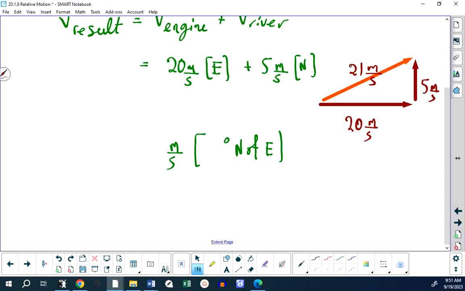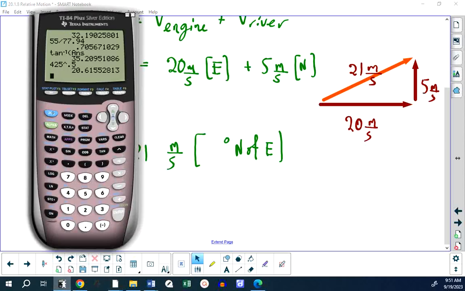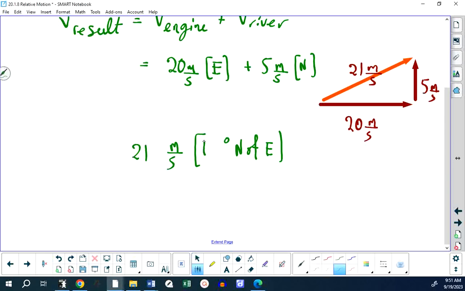I mean, it's almost 20, right? Because the angle is so shallow. So 21 meters per second. And for the angle, we're going to take the inverse tangent of 5 divided by 20, which is a quarter, and I get 14 degrees. Good. Okay.